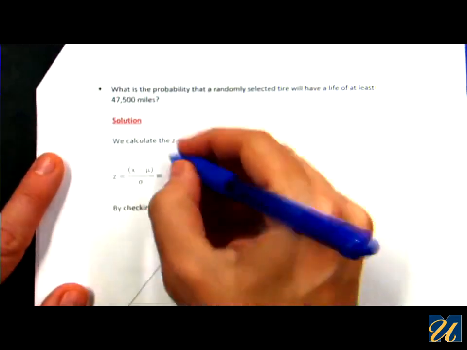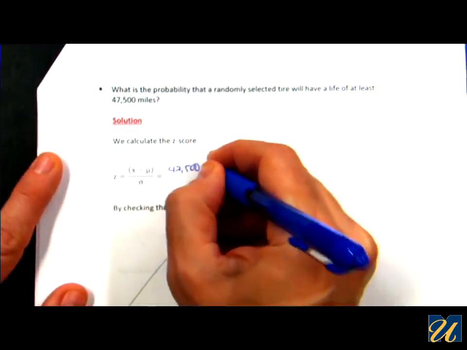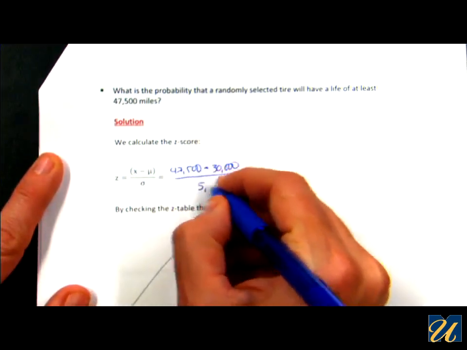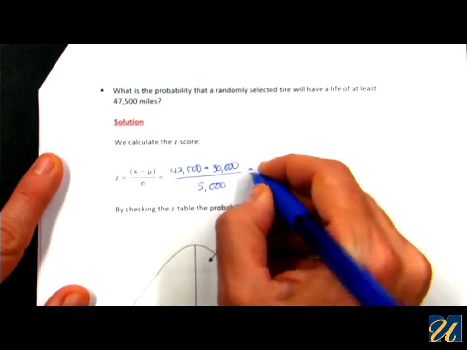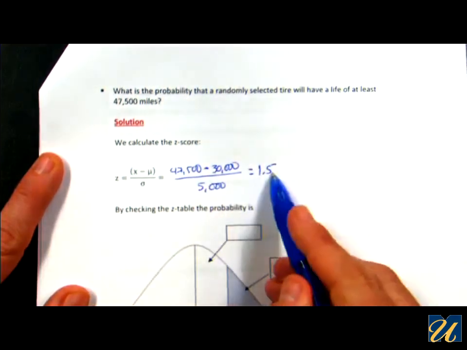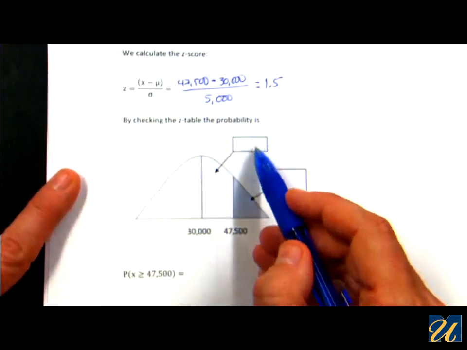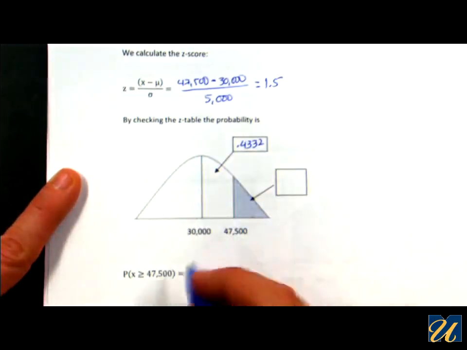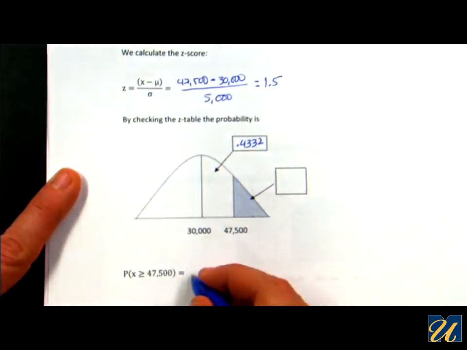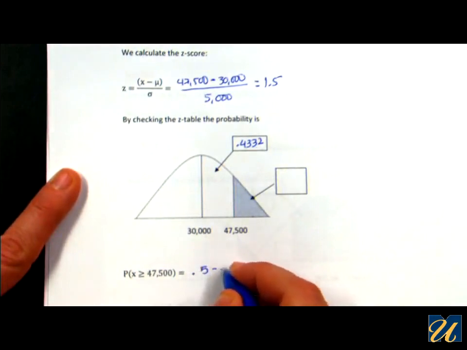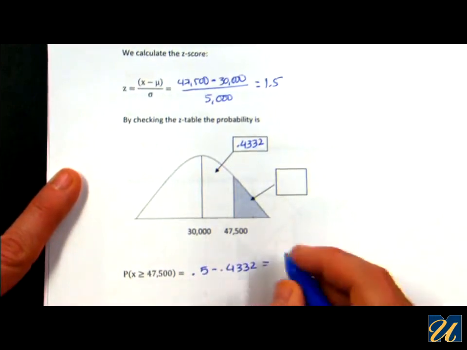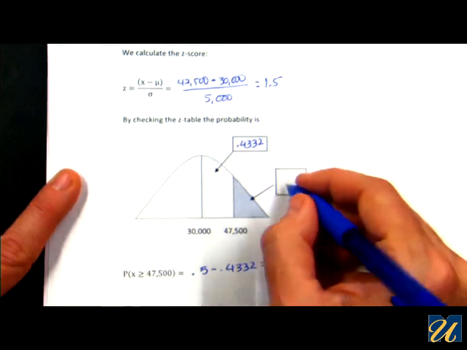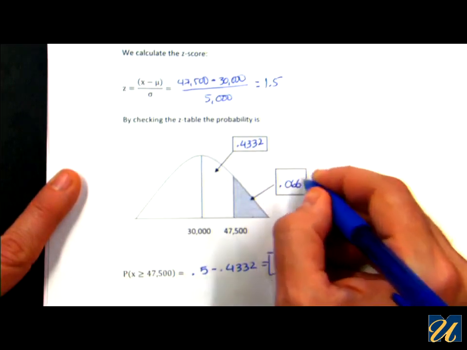The z-score will be 47,500 minus 40,000 over 5,000, and this is equal to 1.5. 1.5 will give you a probability of 0.4332. Since I'm looking for a tail, I subtract from 0.5. 0.5 minus 0.4332 will be equal to 0.0668 for the answer. So this area will be 0.0668.